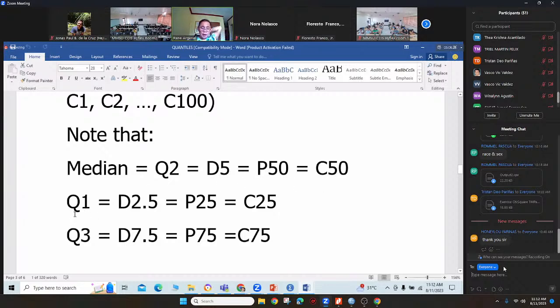Then Q1, the 25th percentile, is one-fourth: 1/4 of 10 is 2.5, and 1/4 of 100 is 25. 3/4 of 10 is 7.5, and 3/4 of 100 is 75.